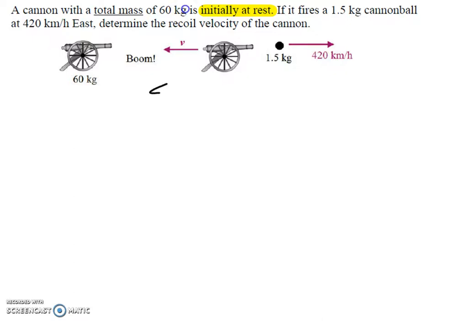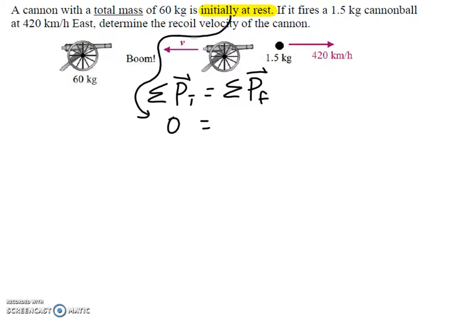In this situation, we're going to do it in a similar way. The sum of initial momentum is equal to the sum of final momentum. Now, my initial momentum is zero, because initially everything was at rest. That means if I look at the final momentum, I have one object, which is a cannon.